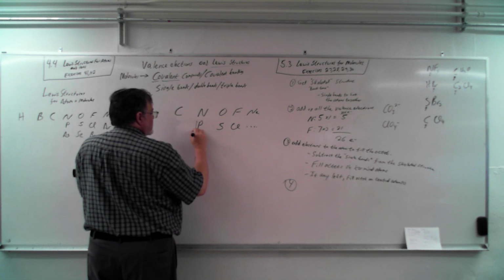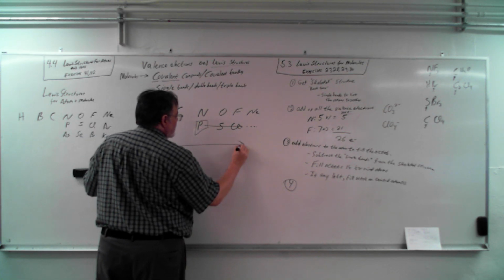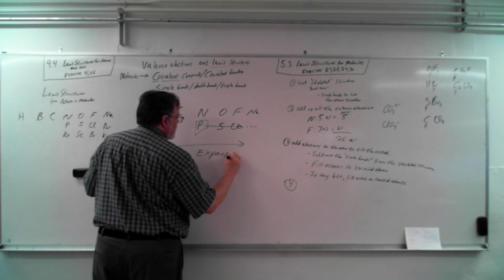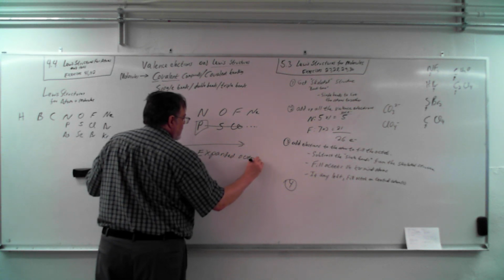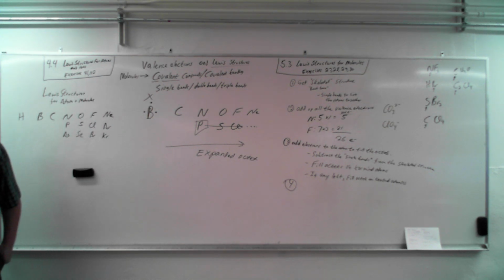Starting with phosphorus and anything bigger, including these can have what we call an expanded octet, that it can have more than the 8 around the central atom. That's the twist that shows up in the more complicated molecules.